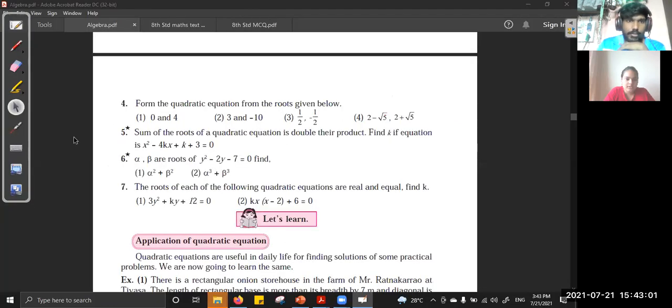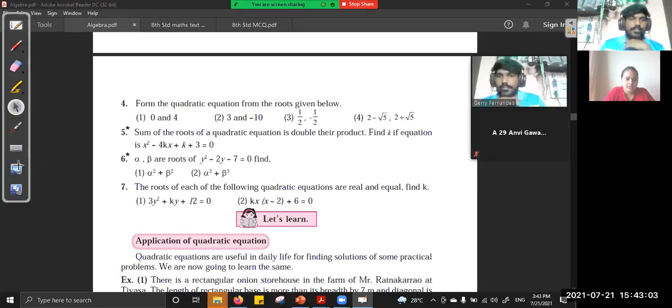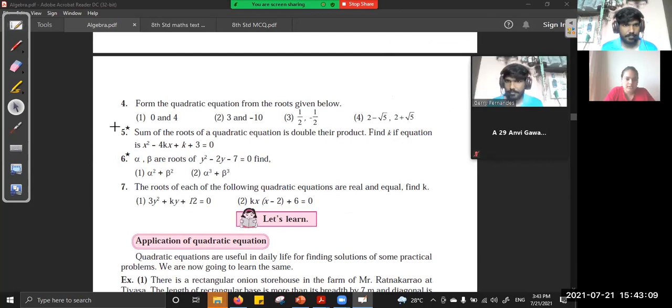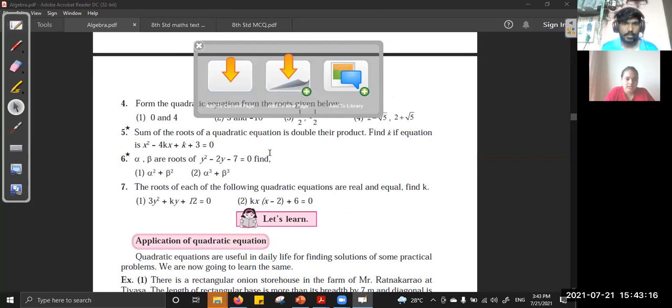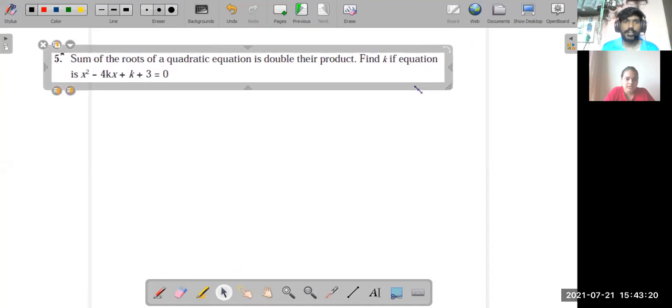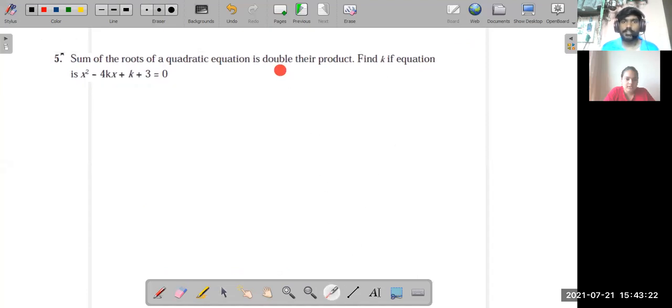Yes. So we'll do the fifth one. Sum of the roots of the quadratic equation is double their product.